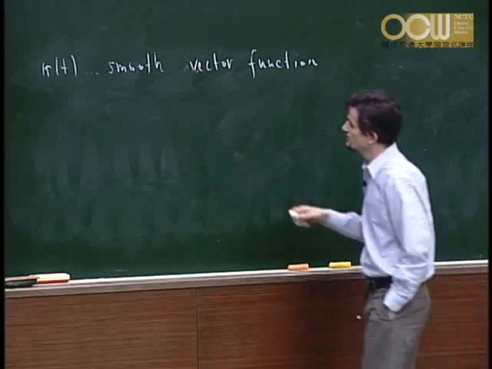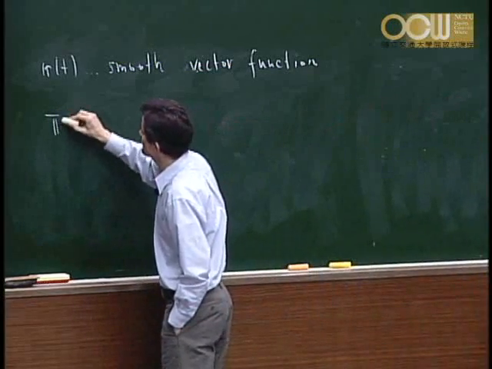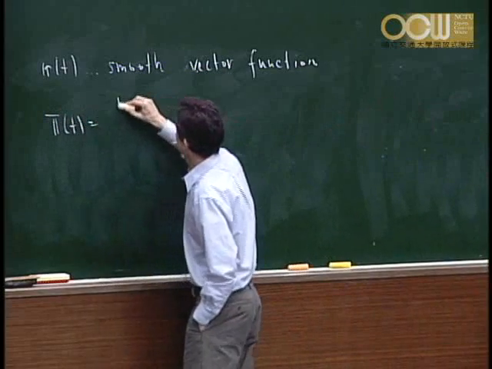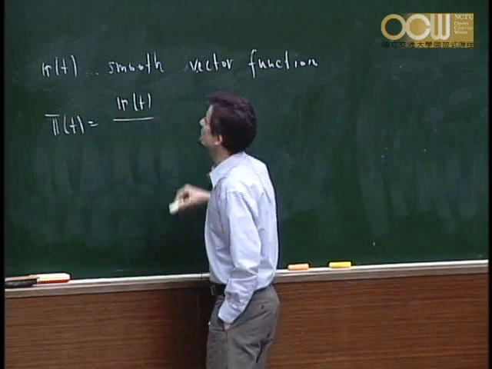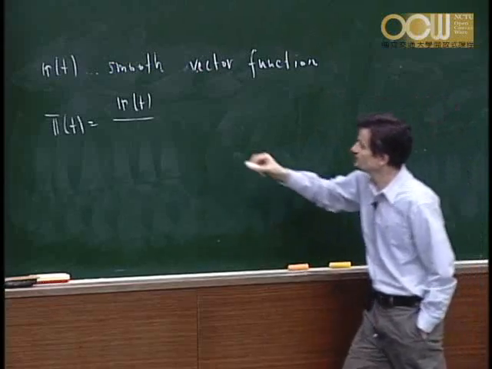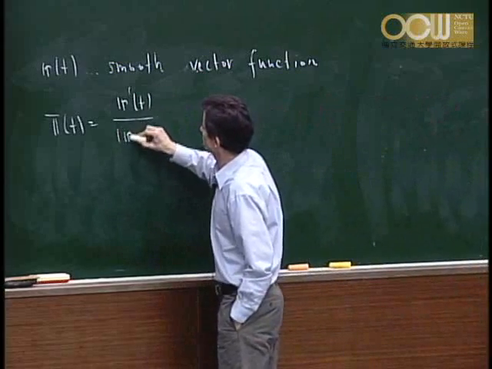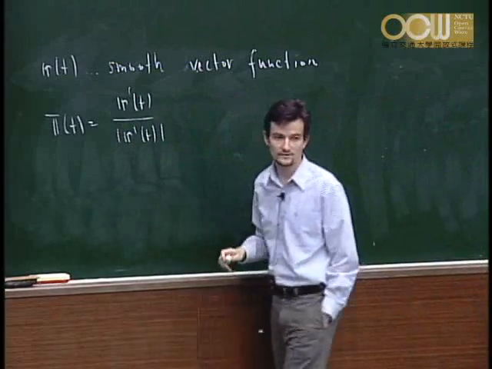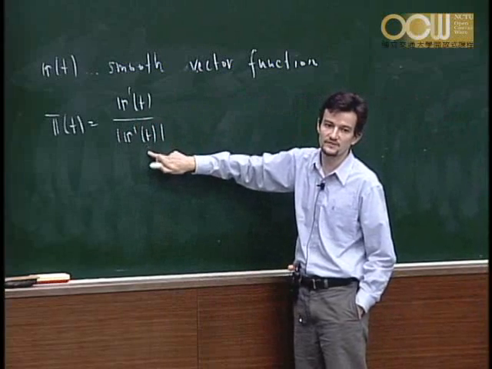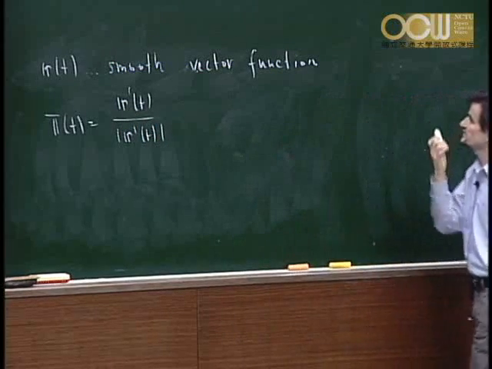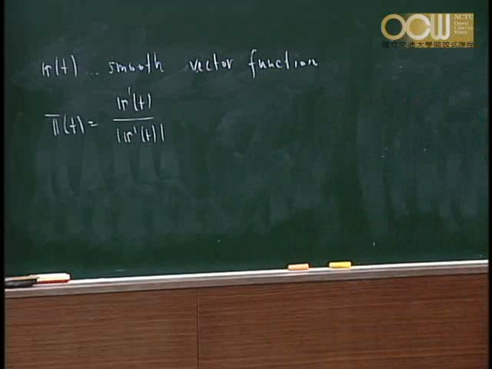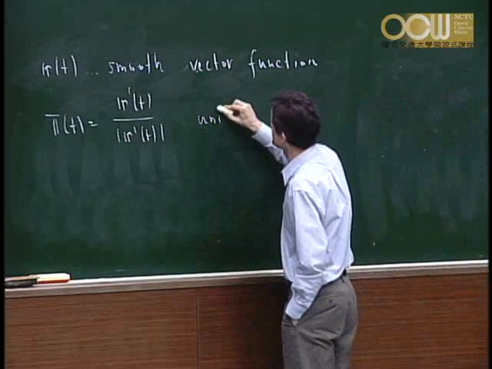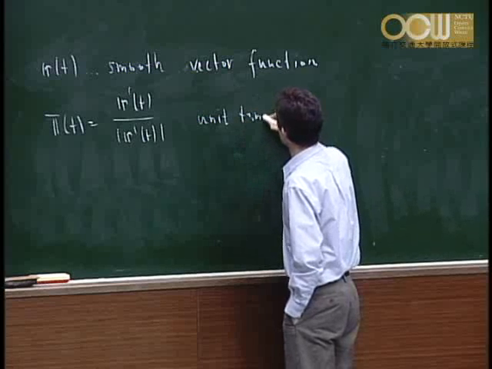Then we can define the unit tangent vector, which is defined as: I look at the derivative and normalize it. In particular, I'm not going to divide by 0 if the vector function is assumed to be smooth. This is what I called last time the unit tangent vector.